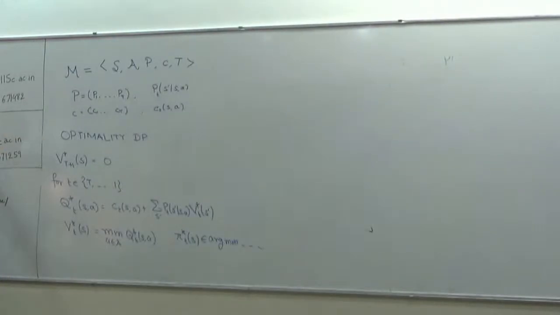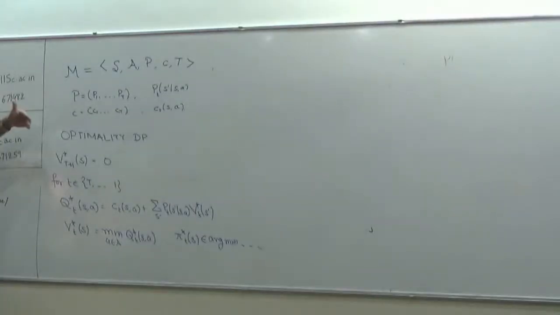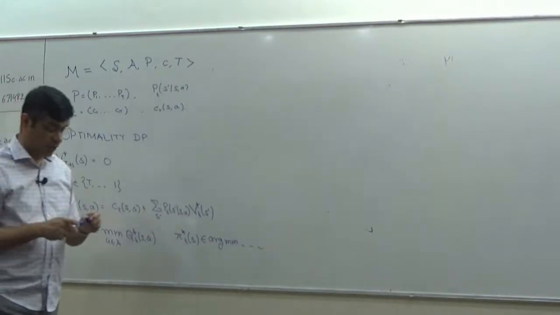And we had a policy evaluation dynamic program which was similar. In the interest of time, I am going to focus on the optimality DP for most of this lecture, but everything that we do would be applicable to the policy evaluation dynamic program. The point to keep in mind is what changes in the policy evaluation dynamic program.